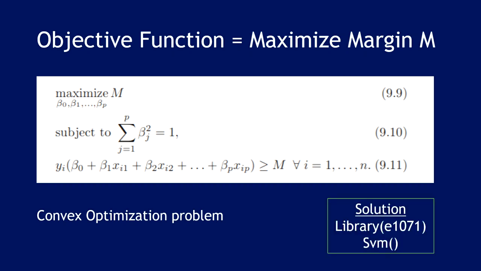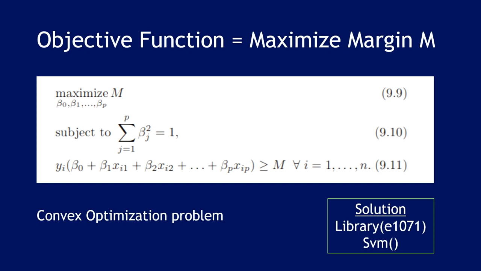So the math is probably more complicated than we need to discuss in this course. The solution of this optimization problem is already written up as the SVM function in the library e1071. It is a really bizarre name for a library.